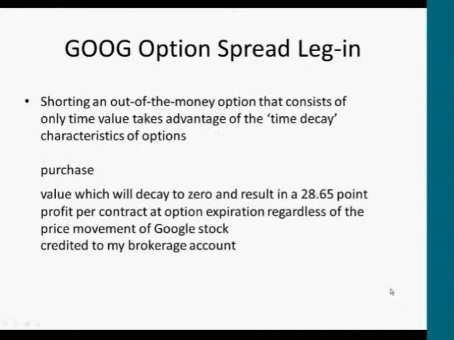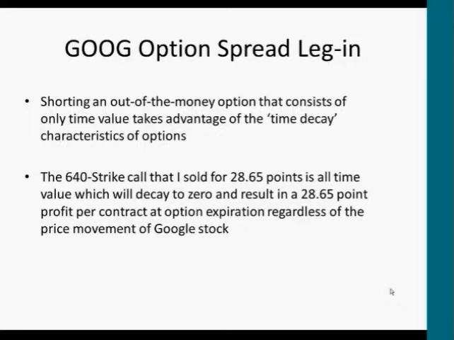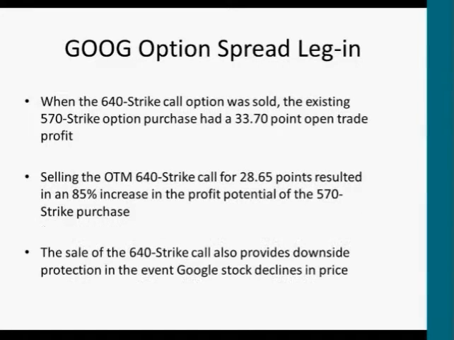So that's how you reduce your risk and at the same time increase the profit potential of your option purchase. When I sold that 640 strike call 2 weeks later, I had a 33.70 open trade profit for my 570 strike call purchase.